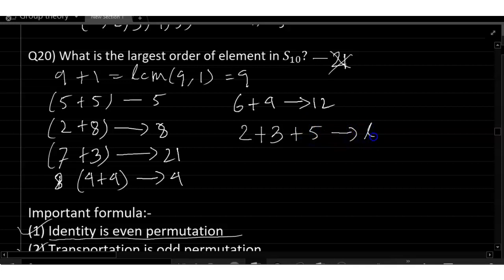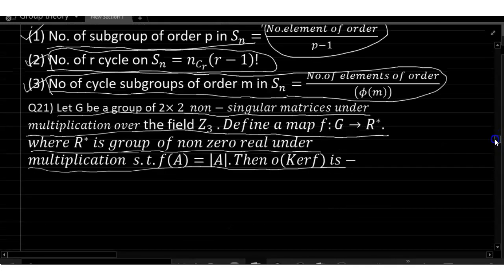So LCM can be written this way: LCM of 2, 3, 5 equals 30. So it is the largest order of an element in S10.